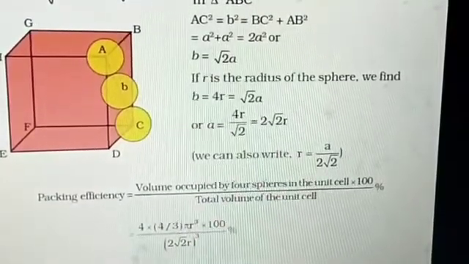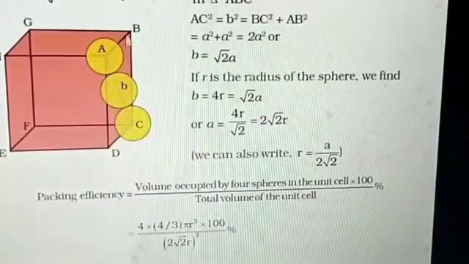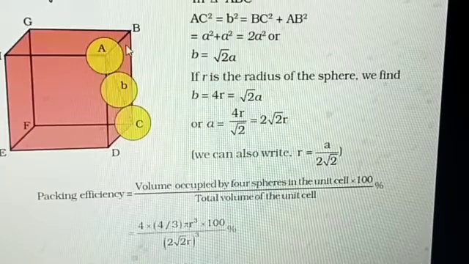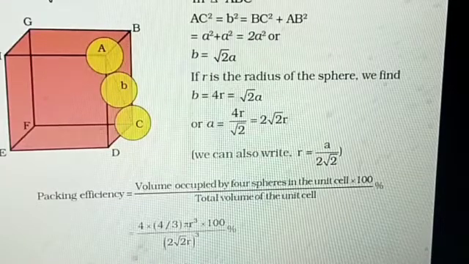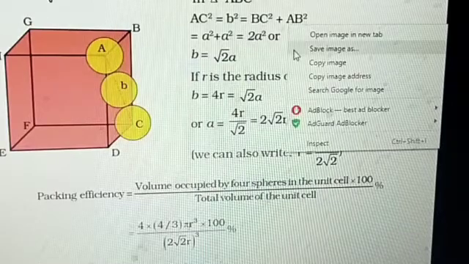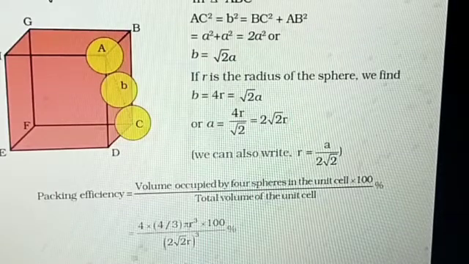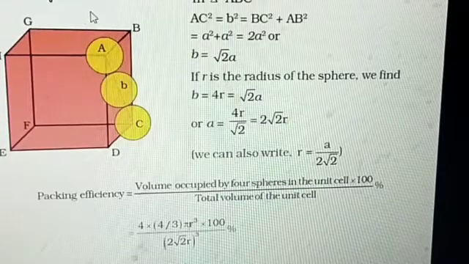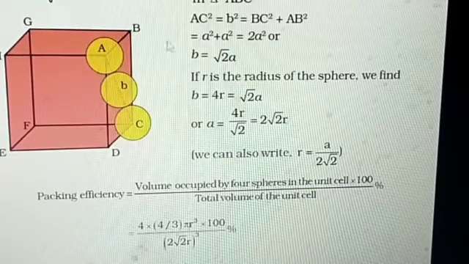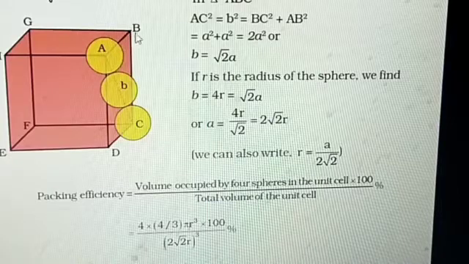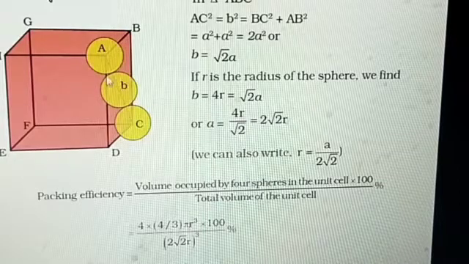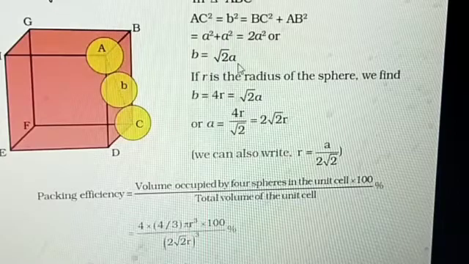In triangle ABC, according to the Pythagoras theorem, b square is equal to a square plus a square, so b is equal to root 2a.